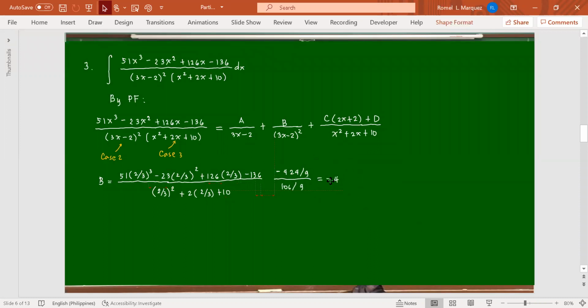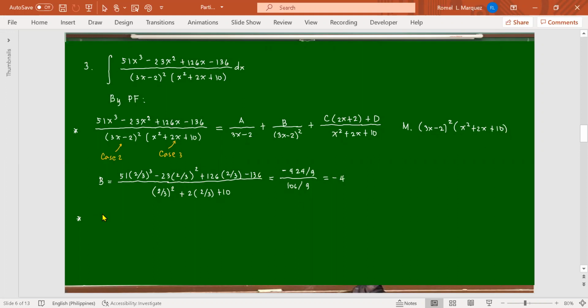So we now have this fraction on the left side when multiplied by the LCD. Our multiplier is 3x minus 2, quantity squared, times x squared plus 2x plus 10.